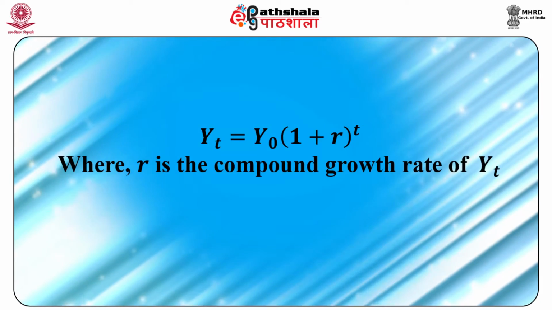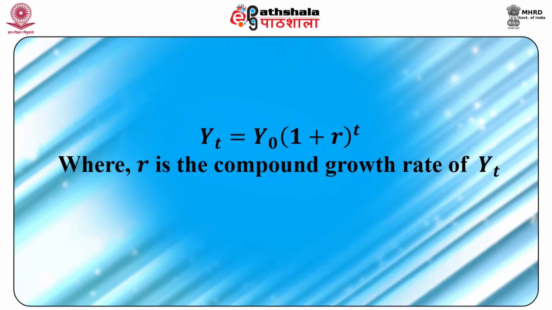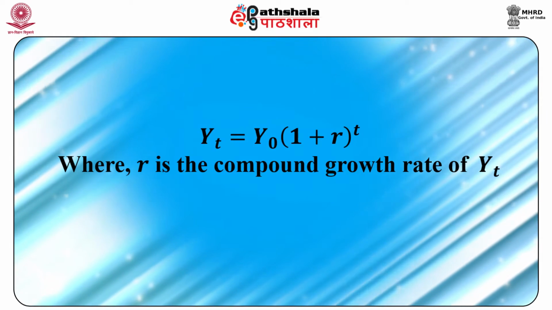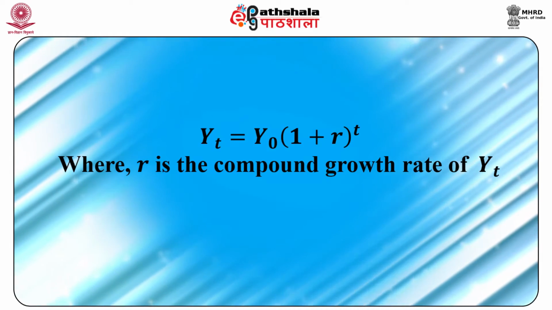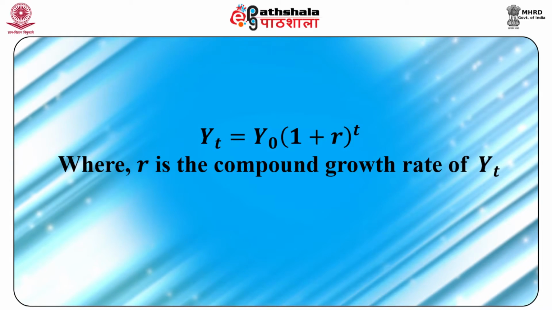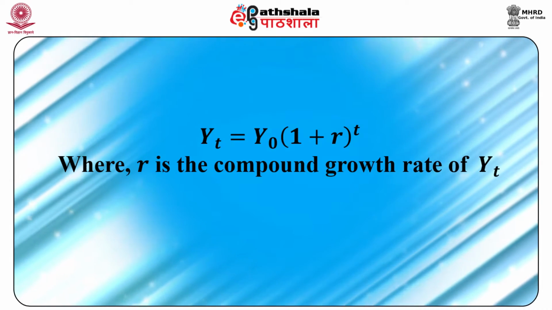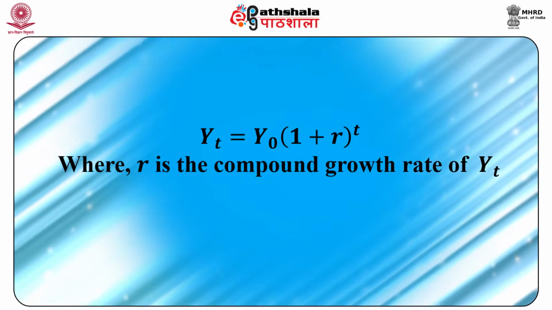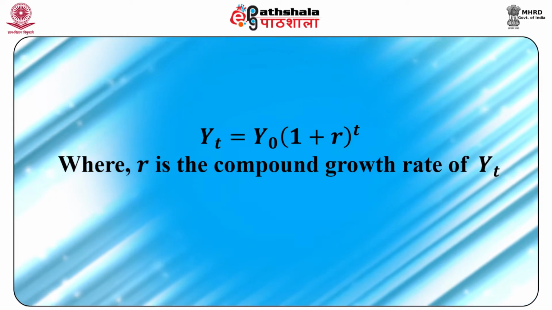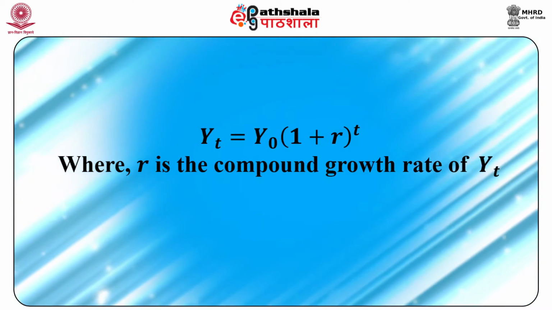In the log-linear model, we are often interested in calculating the growth rate of important economic variables such as GDP, money supply, population, employment, etc. So suppose we are interested in finding the growth rate of a variable y using the compound interest formula, which is yt is equal to y0 into 1 plus r raised to power t, where r is the compound growth rate of yt.